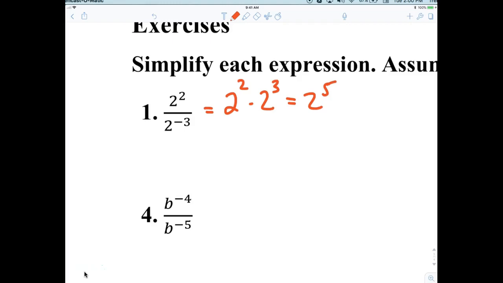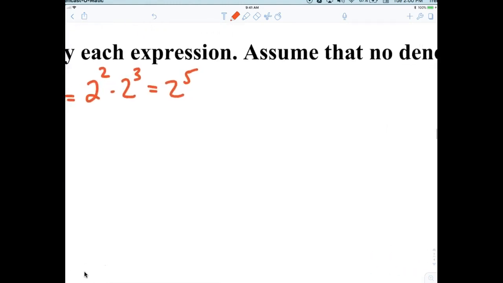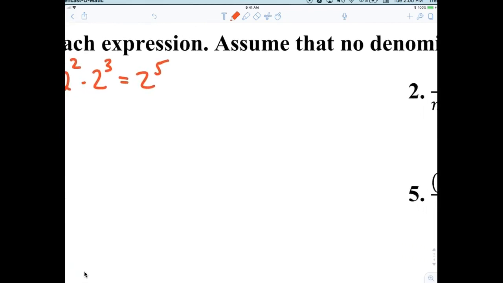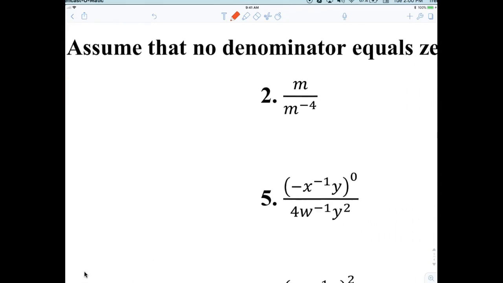Because this negative exponent moved to the top and it became 2 to the third. Then when you multiply, you add exponents. All right, so now I'm on number 2. It would be 32, but that's okay. I don't care about the number.